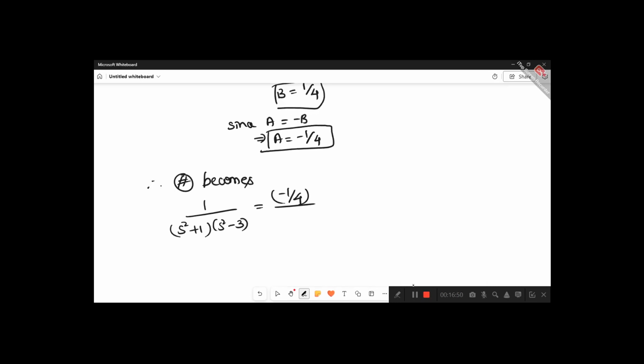So minus 1 by 4 times 1 by s square plus 1 plus 1 by 4 times 1 by s square minus 3. So let's apply the Laplace inverse on both sides.